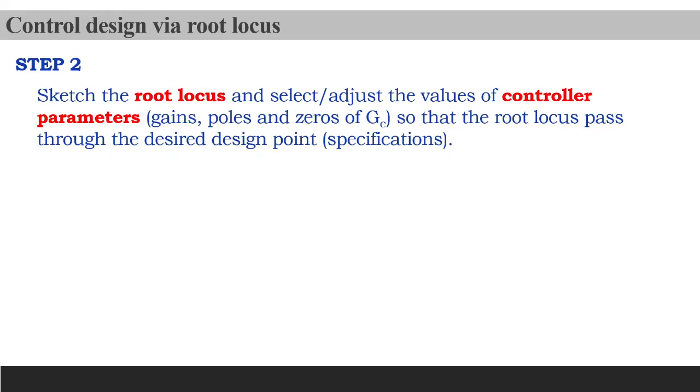And that controller has some parameters. Let's say, for example, we started with a simple controller, which was a proportional controller. So it has a simple value k, which was gain. So we adjust that value, whatever the values or the parameters which are in your controller transfer function. You have to choose values or select values or adjust values, whatever you want to say, in such a way that the root locus should pass through your desired design point.